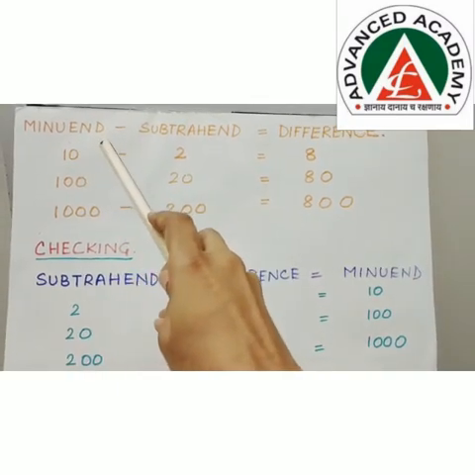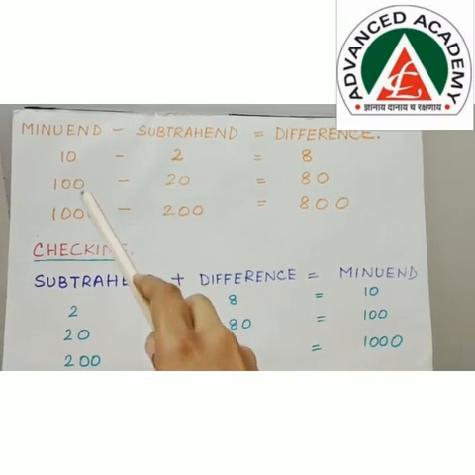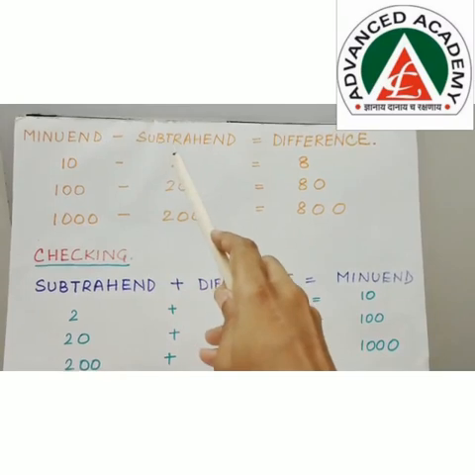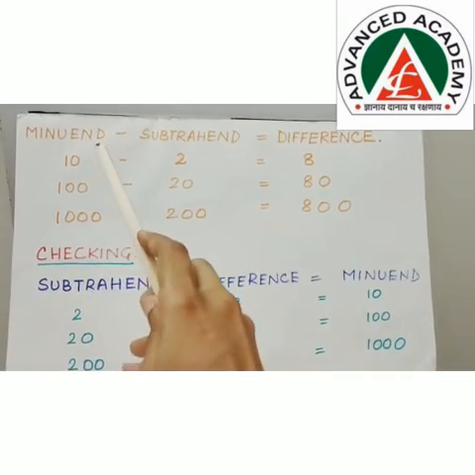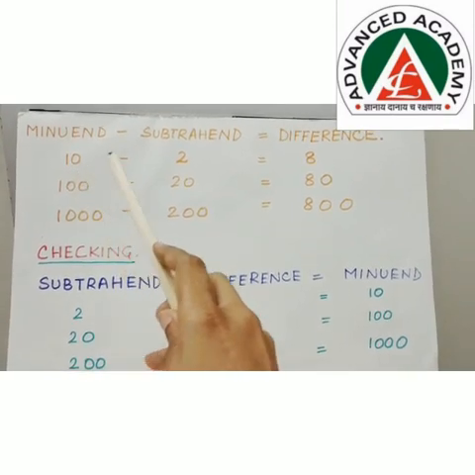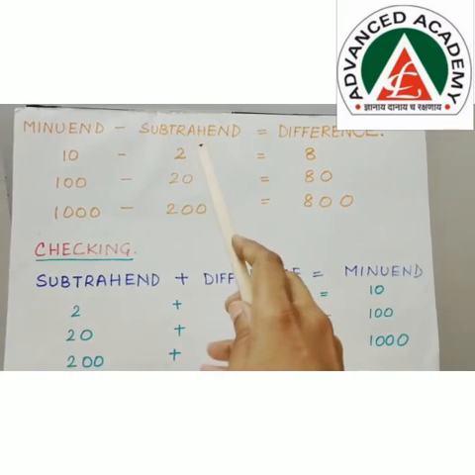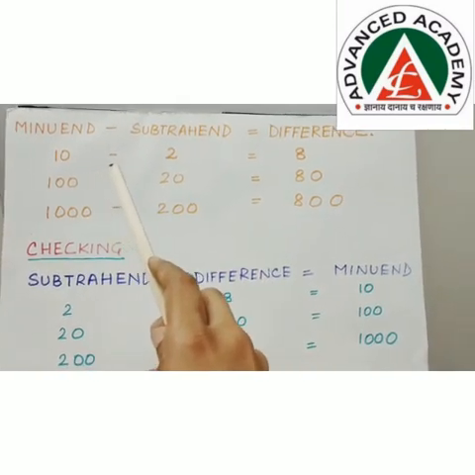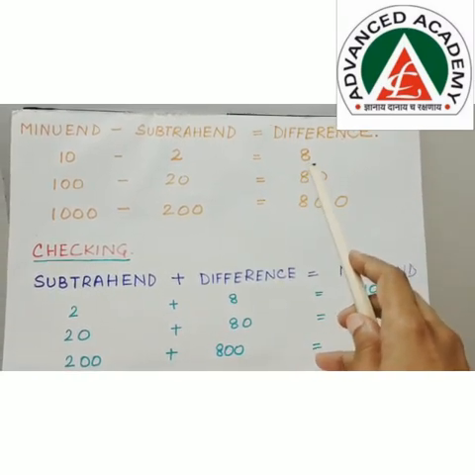Now let's understand subtraction with easier and simpler numbers. Minuend minus subtrahend is equal to difference. Minuend is the number from which the number is supposed to get subtracted. Subtrahend is the number which is supposed to get subtracted. And the answer which we get is the difference.